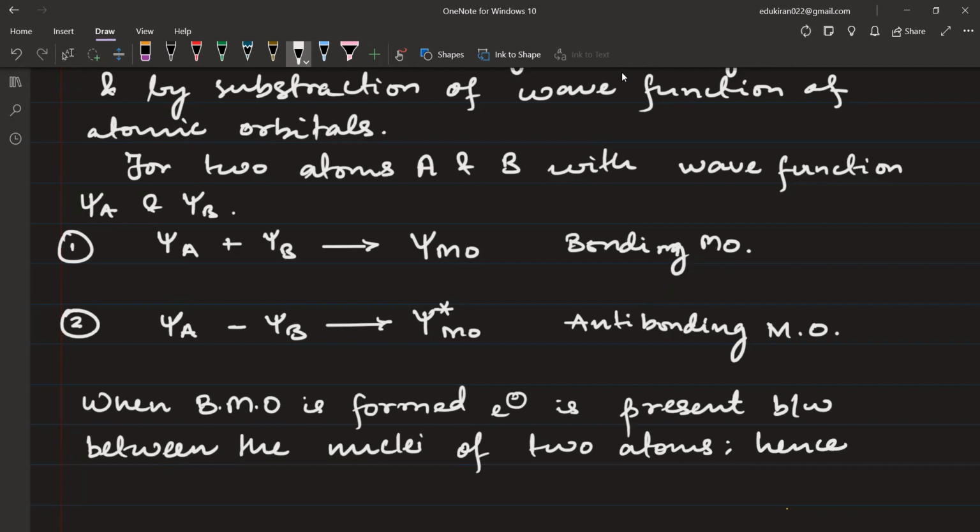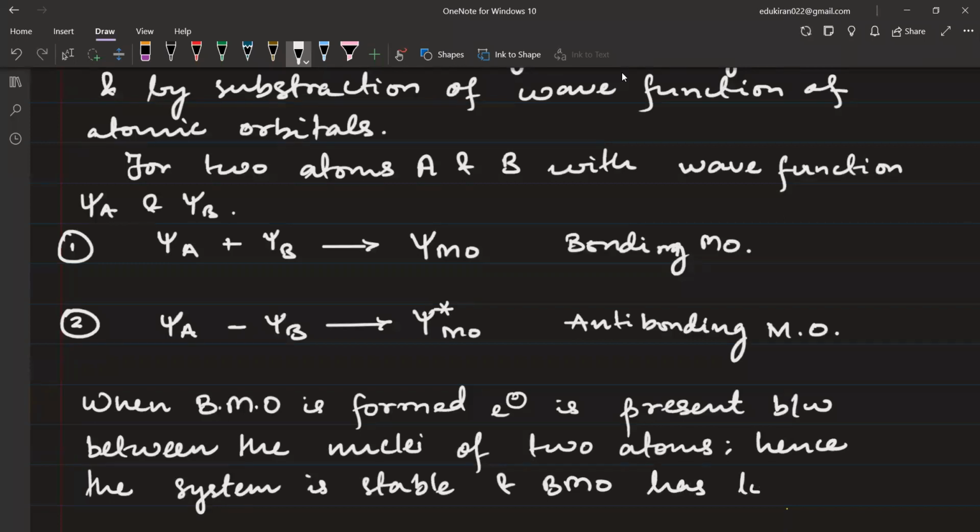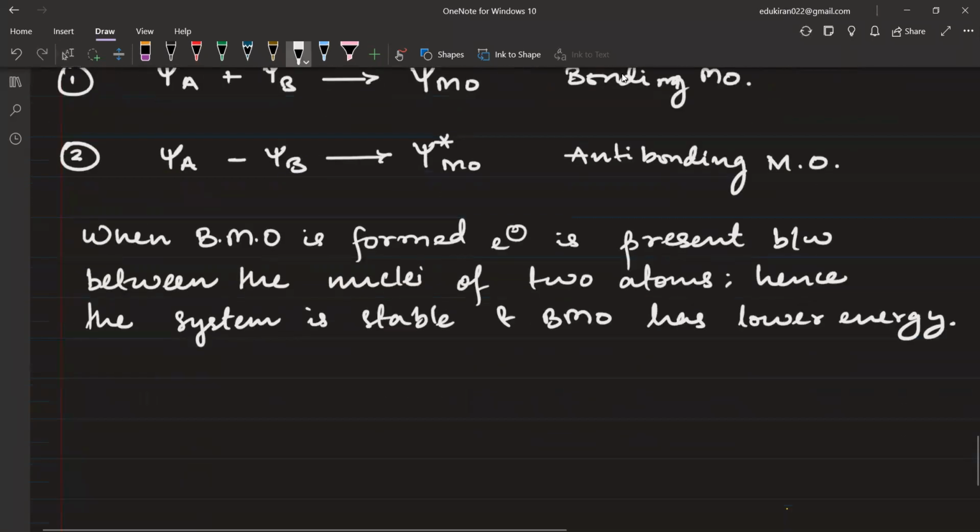Hence, the system is stable. And BMO, bonding molecular orbital, has lower energy. Right, next.